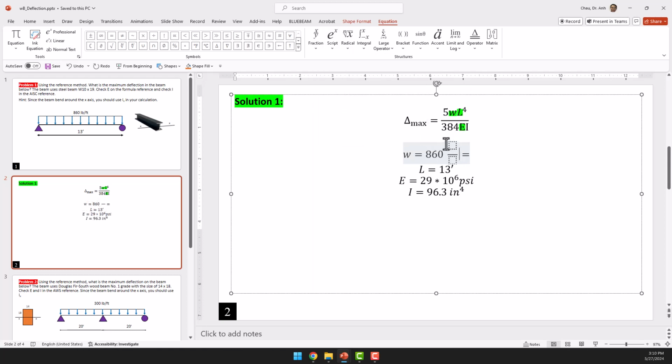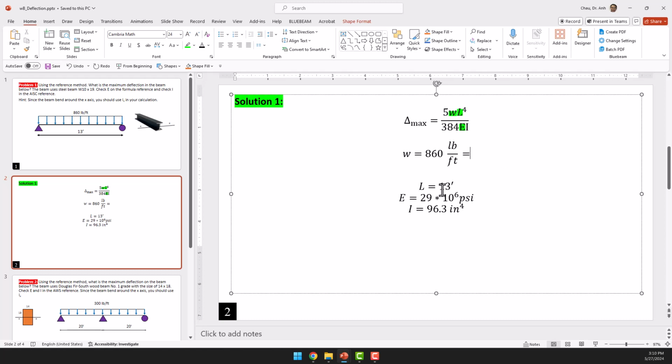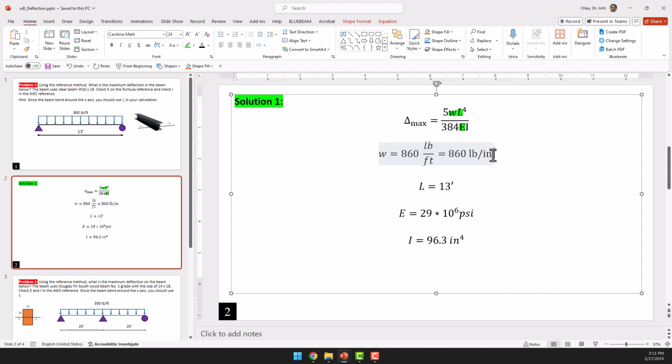So let's convert this one to pound per inch. We have 60 pound per foot, and because 1 foot equals 12 inches, this will equal 60 divided by 12, which is about 5. Wait, that gives roughly 71.6, which is around 72 pound per inch as I calculated. And L equals 13 multiplied by 12, which equals 156 inch.